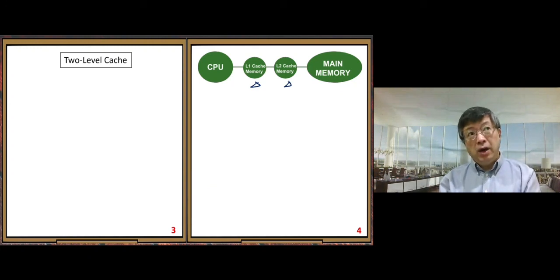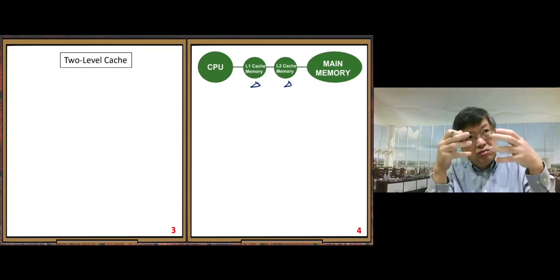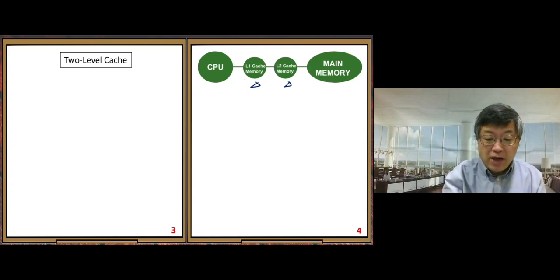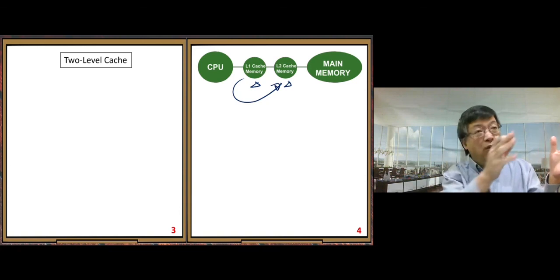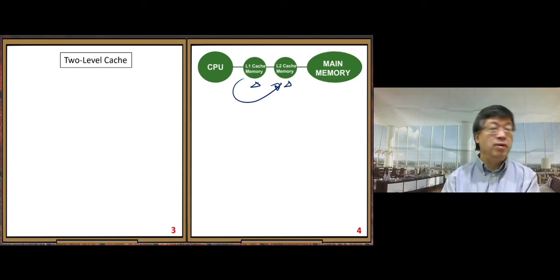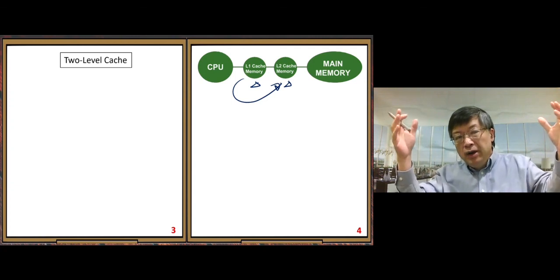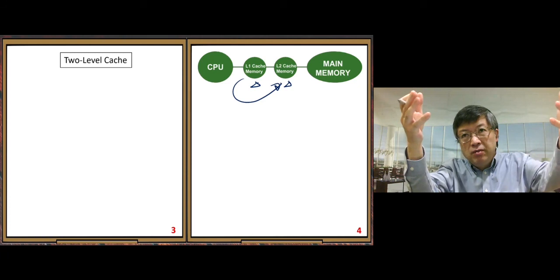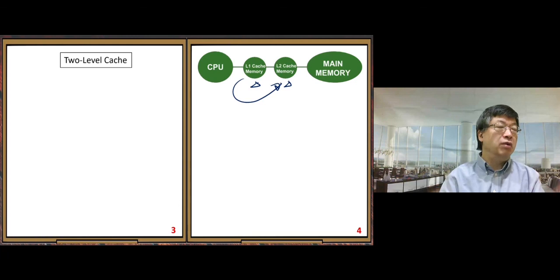But in order to control its cost, we cannot use the same fast type of material technology of L1 to build L2. It should be different, a cheaper material technology than L1. Then we can make the whole system with pretty good performance, but the cost is not very high. That's our design goal.